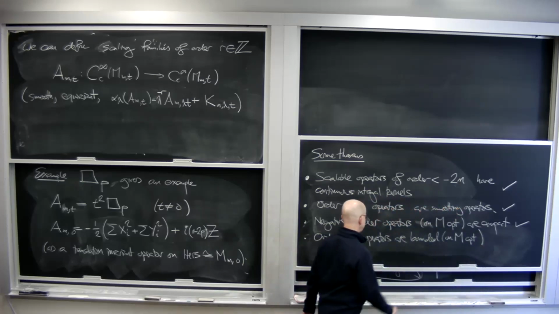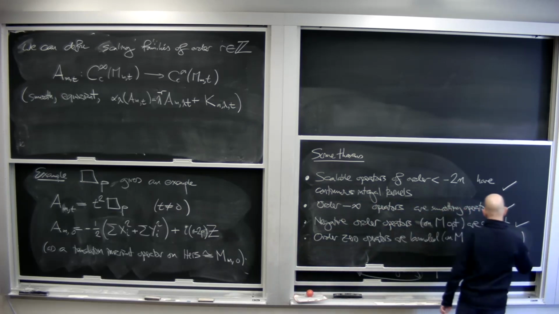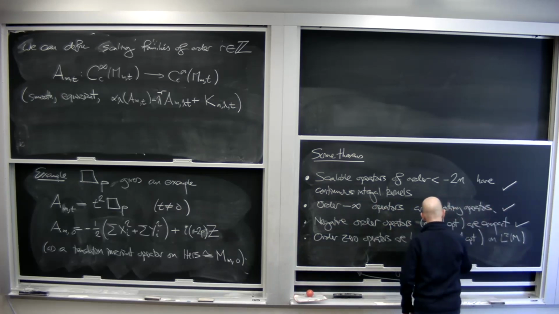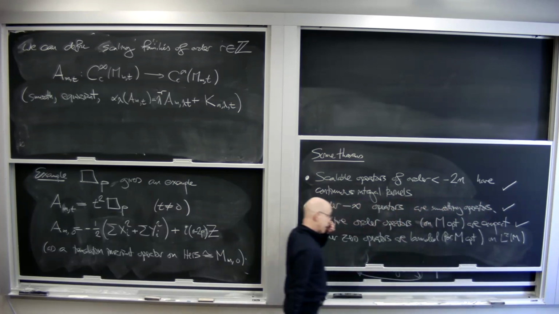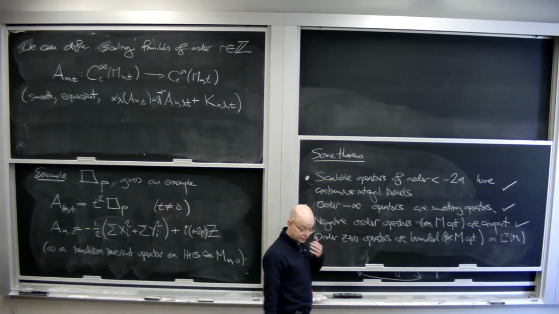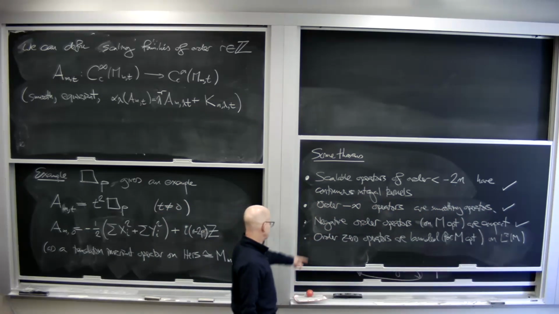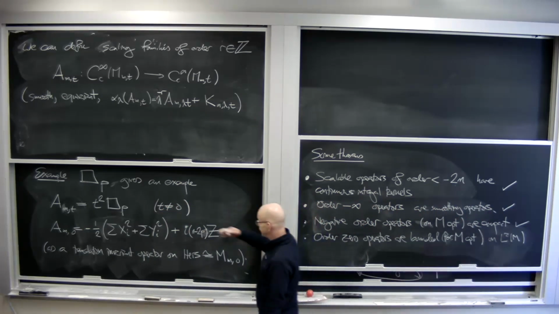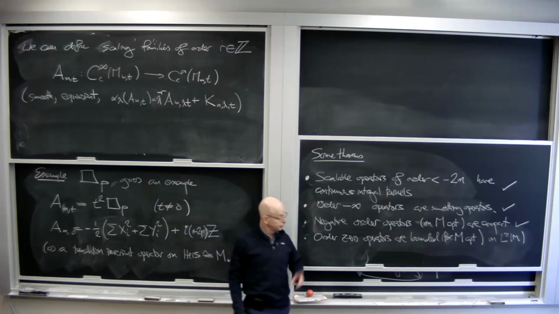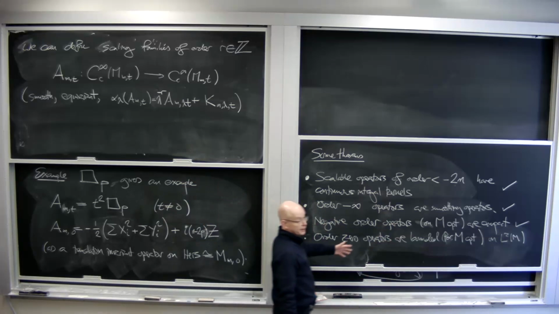Maybe I should say on L2 of M. If M is a compact manifold which is locally Heisenberg in the sense we've been discussing, so M is equipped with this family of hyperplanes, then it's true that order zero operators in this calculus, built in this way using that version of the tangent groupoid over there, are all bounded.